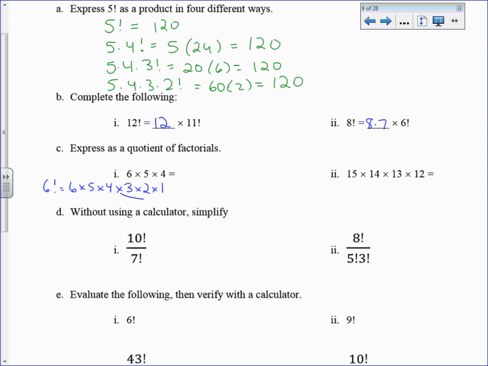So this part here is missing, which I can write as 3 factorial. So that 6 times 5 times 4 and nothing else, I can write as 6 factorial divided by 3 factorial. The same thing with that.